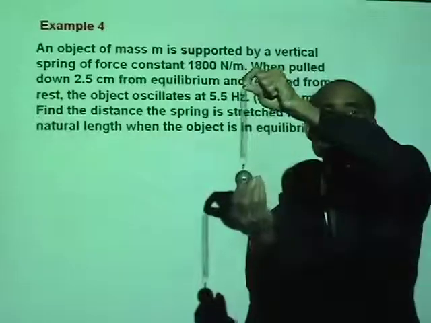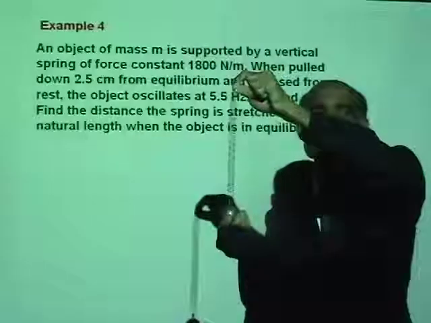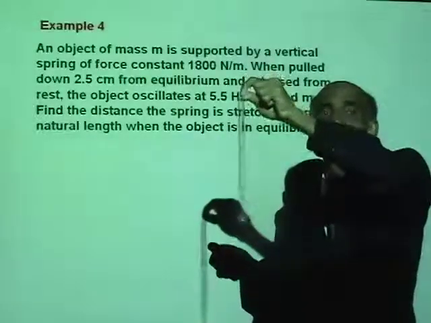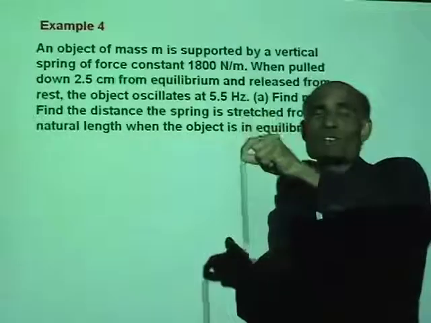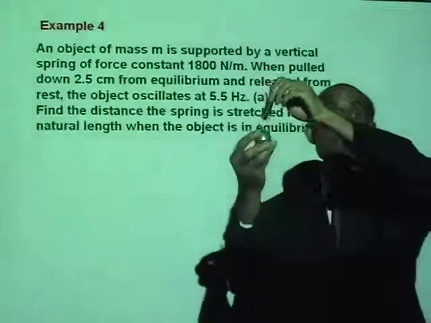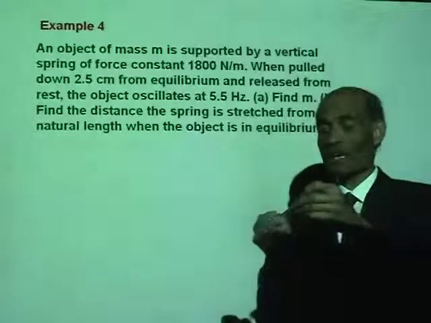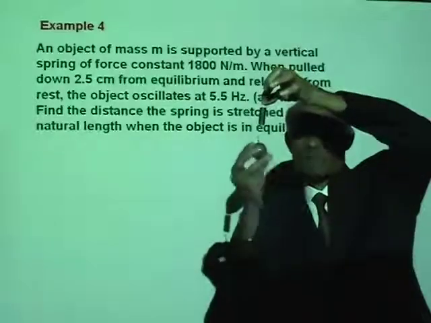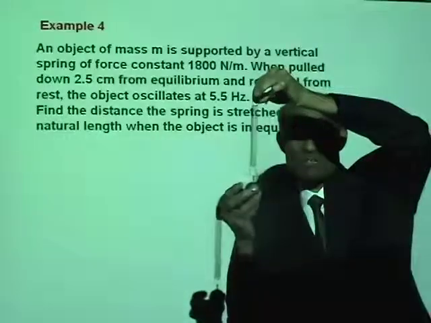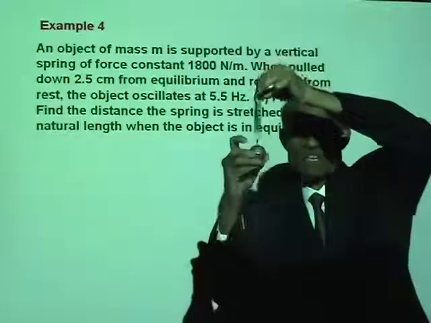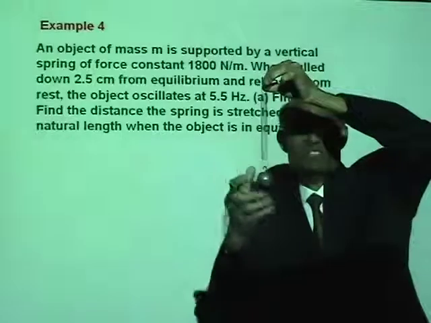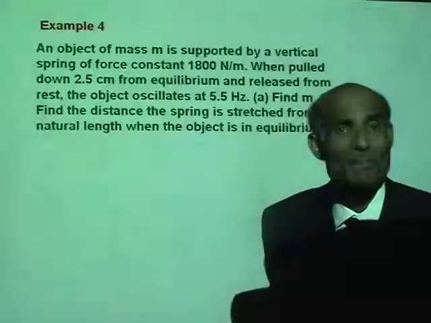If you pull it down 2.5 centimeter from the equilibrium position and release, it oscillates with a frequency of 5.5 Hertz. What do we need to find? Find the mass, find the distance the spring is stretched from its natural length. Look at this. This is the natural length. What is the distance the spring is stretched when the mass is hanging from it? We need to find that distance, right? Well, actually that distance will be the amplitude, is that right?